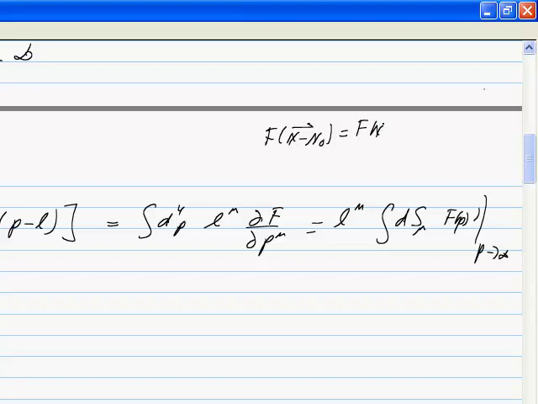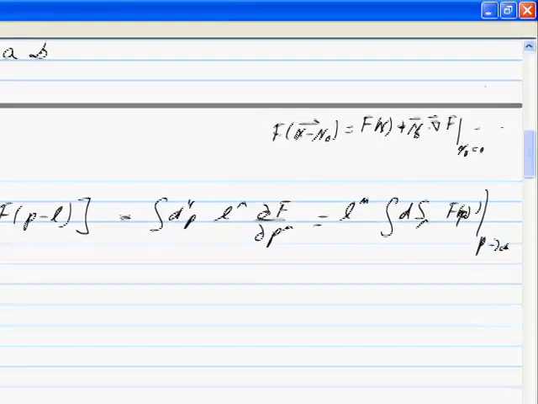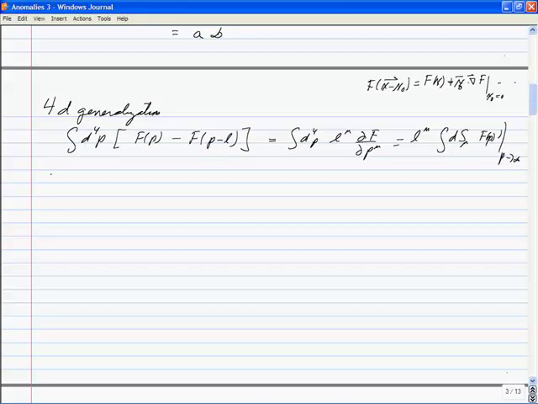It would be f of x plus x dot del f evaluated at x0 equals 0, etc. And I'm sorry, there's x0 there, and when we integrate that by parts, we get the surface integral out at infinity. Okay, so in our case we have something that looks like this.